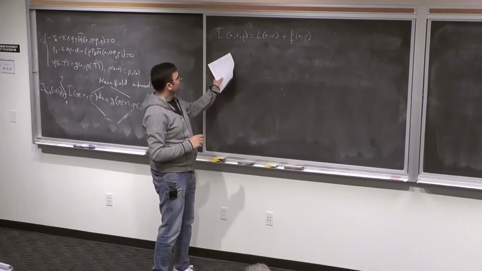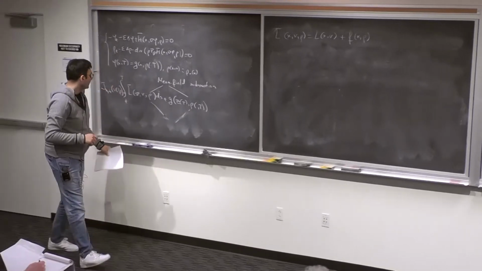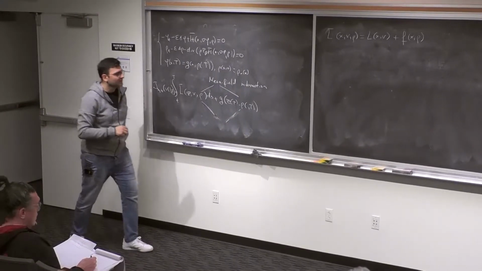Now, if we assume that this Lagrangian is given in this form, let's calculate the corresponding Hamiltonian.